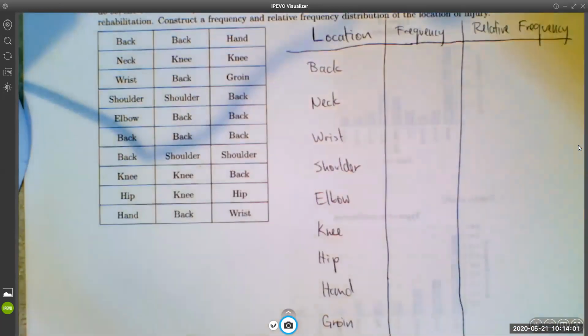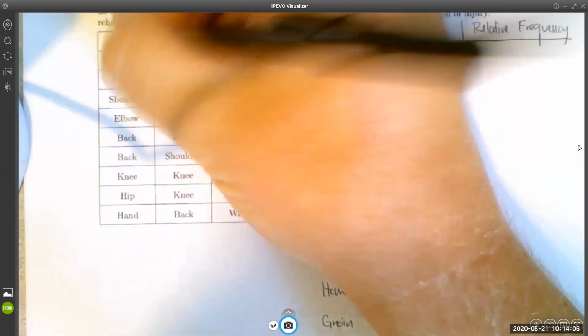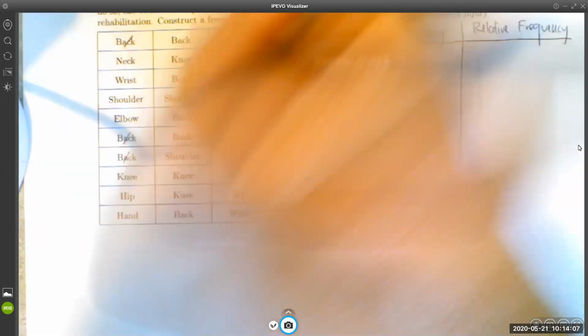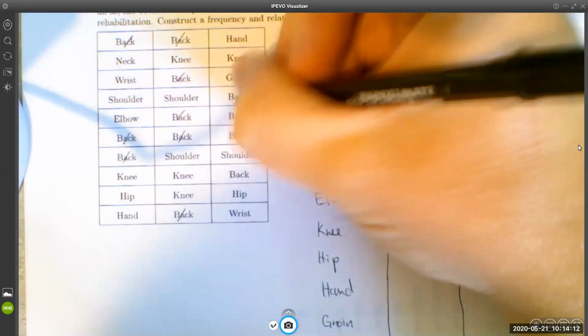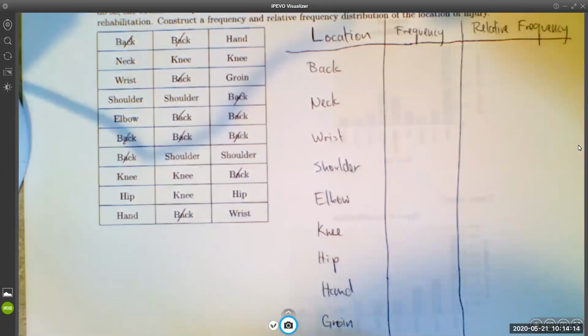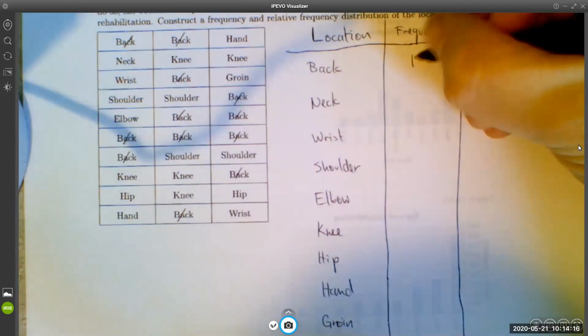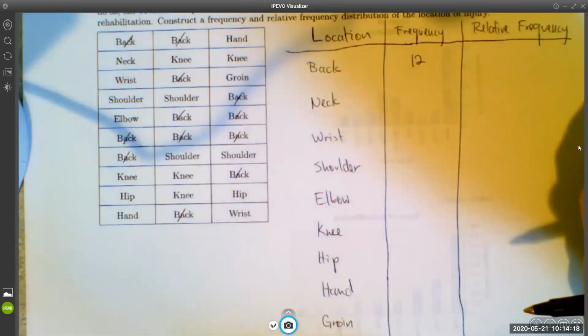Now we can go back through and count up how many times they happened. So back injuries, right? We had 1, 2, 3, 4, 5, 6, 7, 8, 9, 10, 11, 12 back injuries. Okay, I'll let you count up the rest.